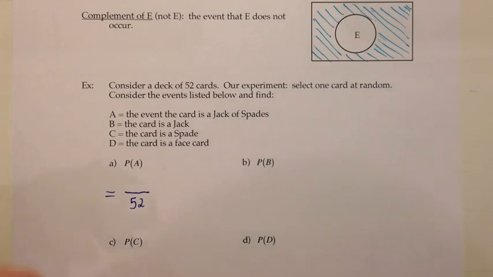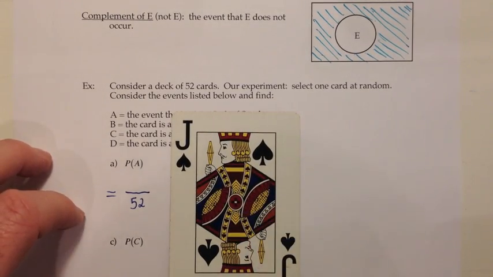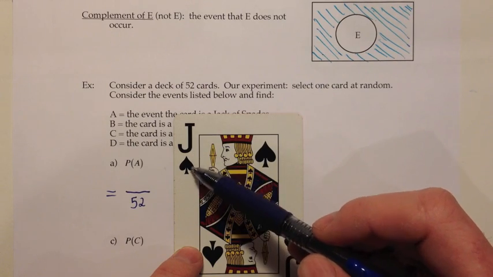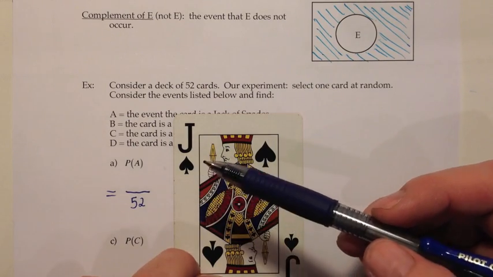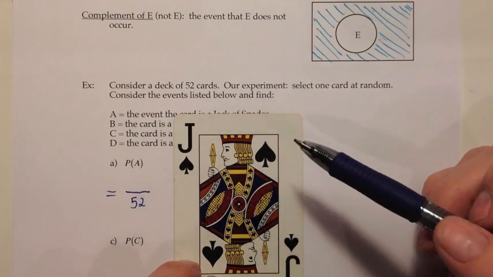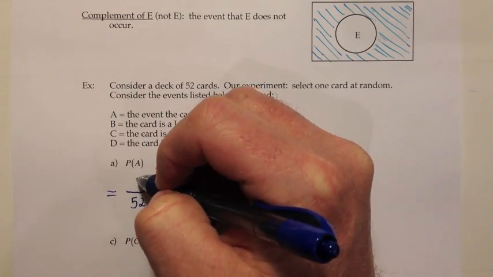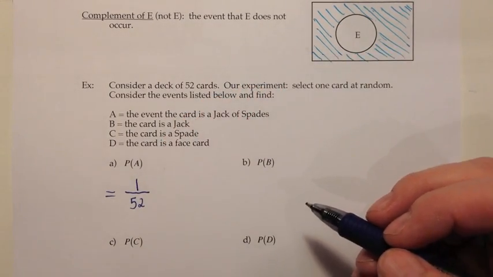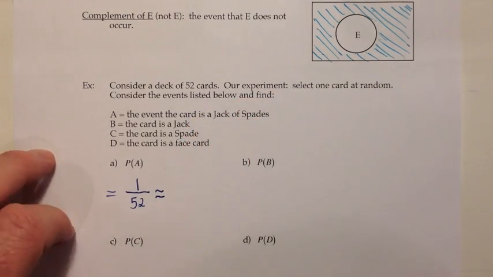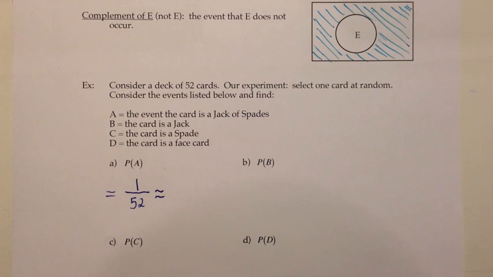In a standard deck of cards, there's only one card if you specify the denomination, which would be the jack, and the suit, which would be the spade. So if you take the denomination jack and the suit spade, that's going to narrow it down to a single card. So that's going to be just 1 out of 52. I'll go to a decimal for that in a moment, but let's go ahead and get all our fractions done first, and then we'll bring in the calculator.